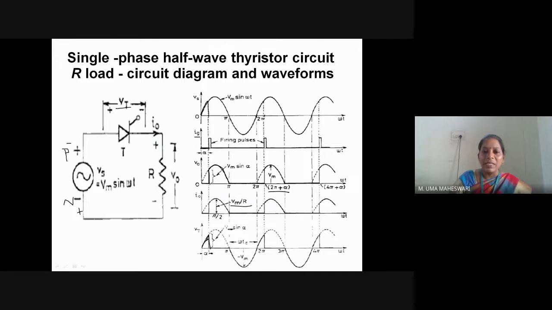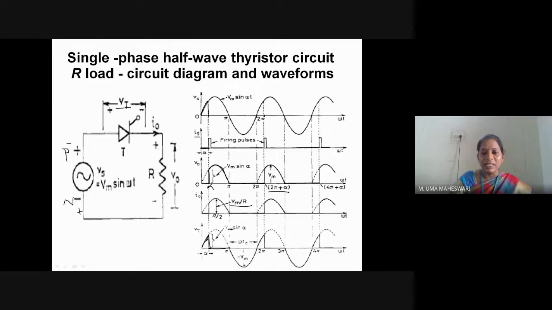From instant alpha to pi, the SCR is conducting. Assuming that the SCR is an ideal device and there is no loss when it is conducting, whenever the device is conducting, the voltage across the device is 0. So this is from instant alpha to pi.